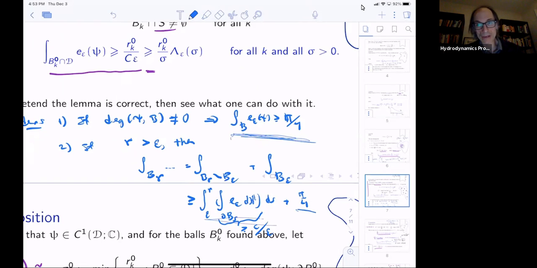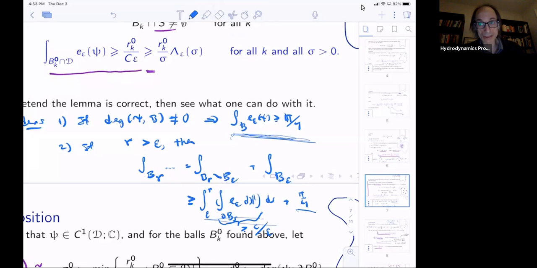Okay, and so the lemma is not that hard to prove if the degree is non-zero for balls. Then you have to mess around a bit if the balls collide. The headache is if the degree is 0, then it's really not quite true.